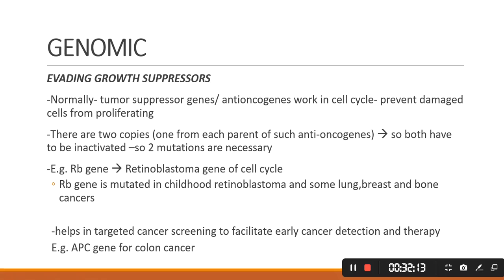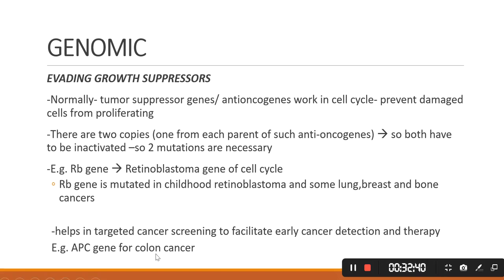Okay, now what did the scientists do by knowing this information? They helped in targeting cancer screening to facilitate early cancer detection and therapy. So if we know that the RB gene was mutated, like they have a family history of retinoblastoma, they keep a screening. Similarly, there is the APC gene for colon cancer.